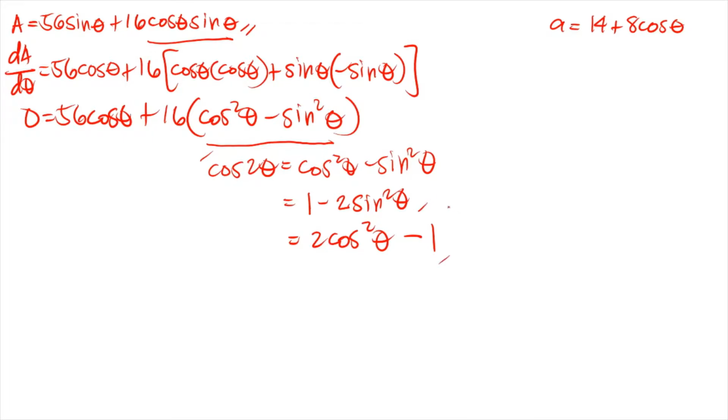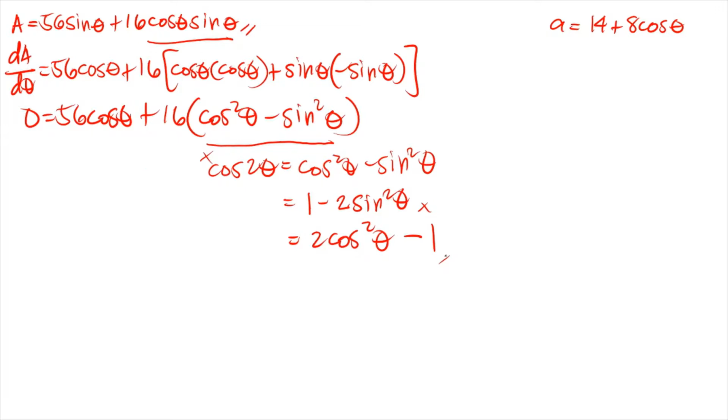Just remember that we need to express everything in terms of a single trigo function and a single argument. If we use cosine 2 theta, then we'll have two different arguments, theta and 2 theta. So this is eliminated. If we use this expression, then we have two trigo functions, cosine and sine.